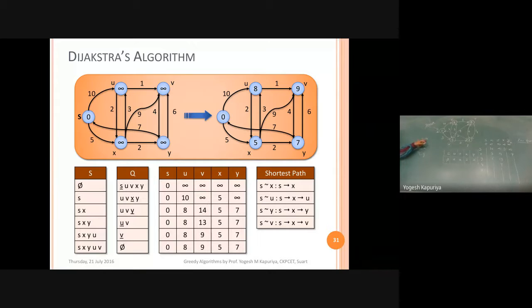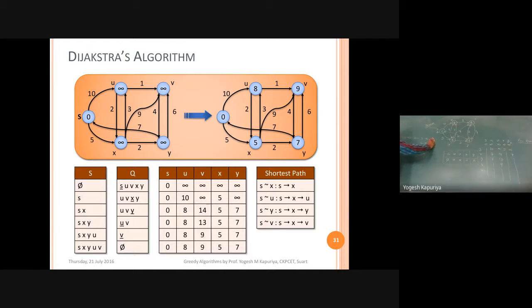So what is the parent of U? X. What is the parent of X? S, which is your source. That means your path from S to U is S, X, and U.